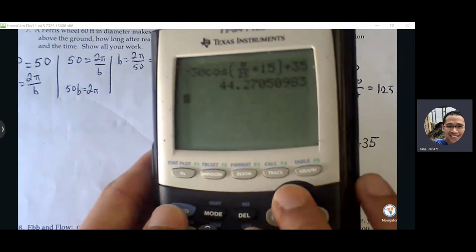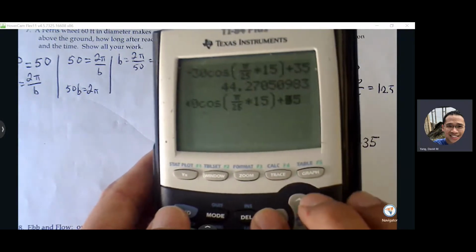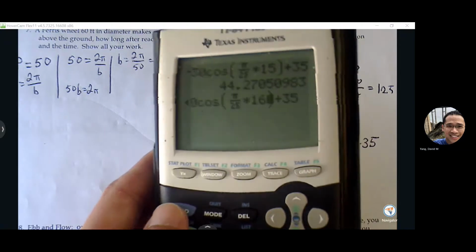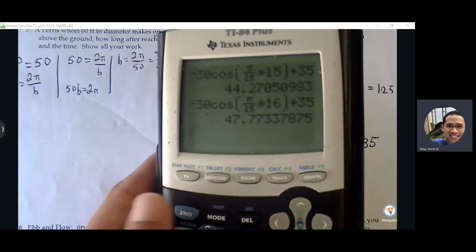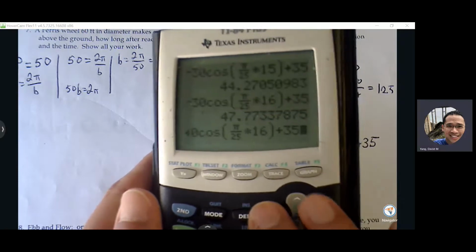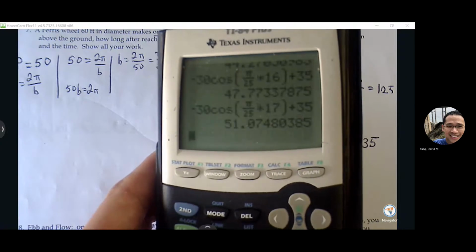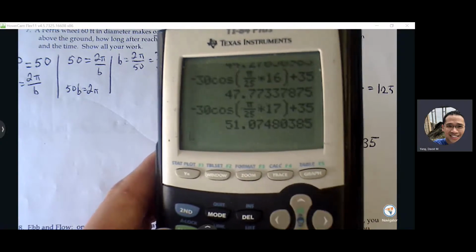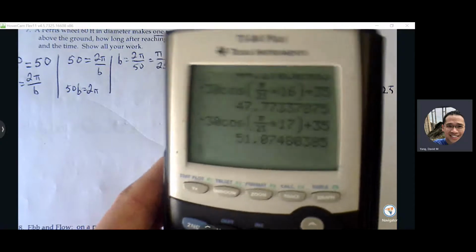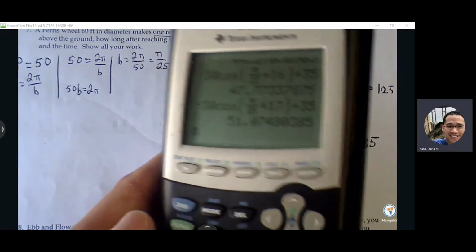What you can do is hit the up arrow button, go back and change the numbers and test them out, see which one gets you close to 50 feet. 16 is close, 17, 51 feet. Okay, so I know it's somewhere between 16 and 17, probably closer to 17. So I'll say around 17 seconds.